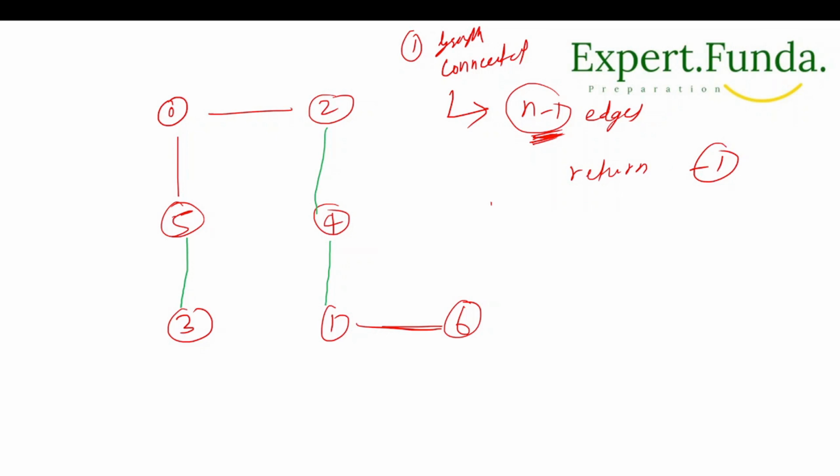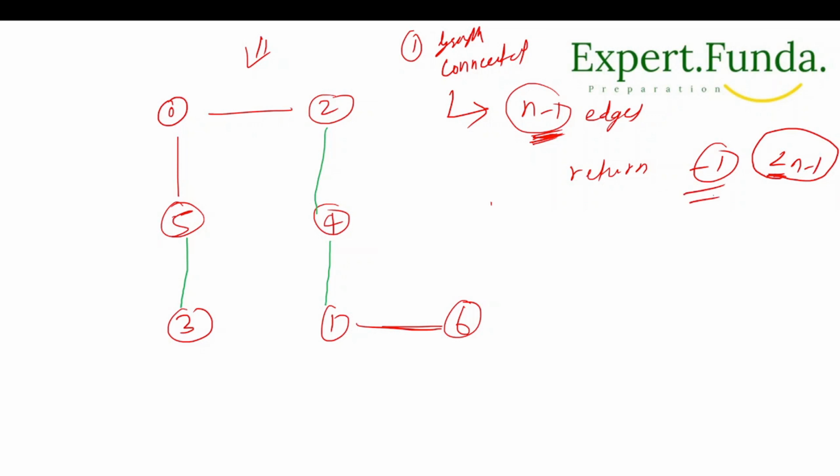Because if the number of edges in our graph, let's suppose this is our graph, is less than n-1, and it is not connected, then what will we do?